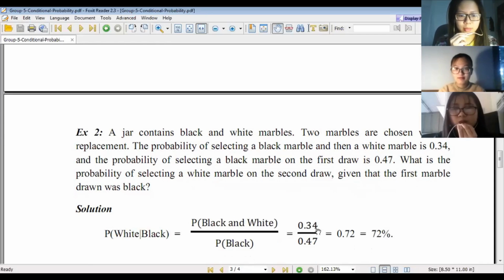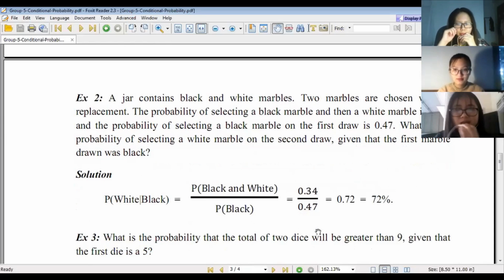So we move on to a more complicated exercise. What is the probability that the total of 2 dice will be greater than 9, given that the first die is a 5? Do you understand the hypothesis?